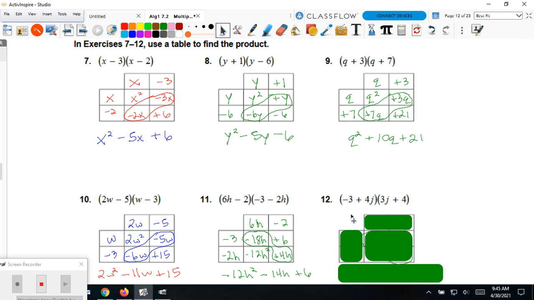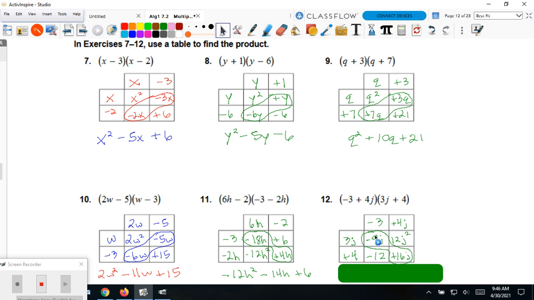And then number 12, this one's a little bit backwards as well, kind of like number 11, but still just put them in the way they are. Negative 3 and then a positive 4j. This one's going to be 3j and then positive 4. So negative 3 times the 3j is a negative 9j.